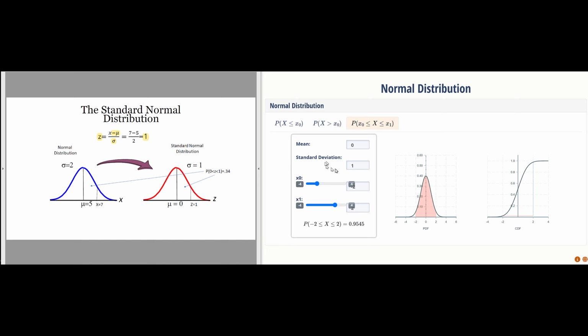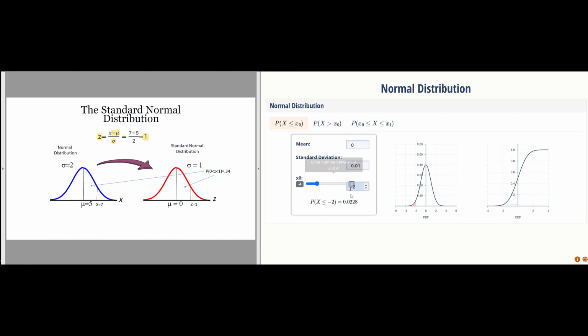And so if I want to know the probability of being less than that, let me go back over here. Let me get my standard deviation set to 1. And I want to know the probability of being less than or equal to 1 standard deviation. Okay, and so there it is.